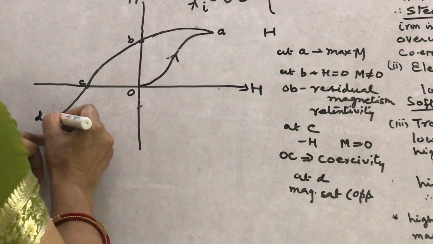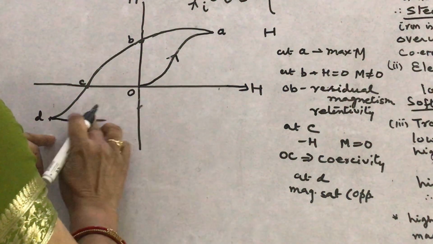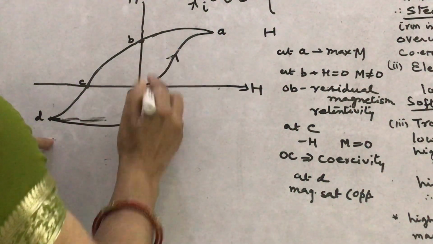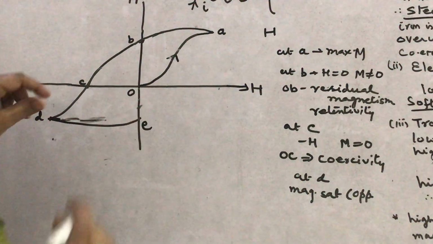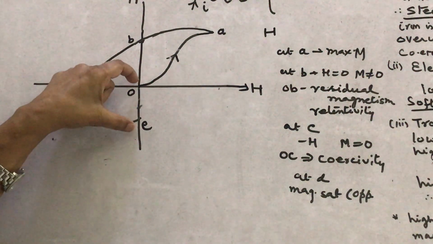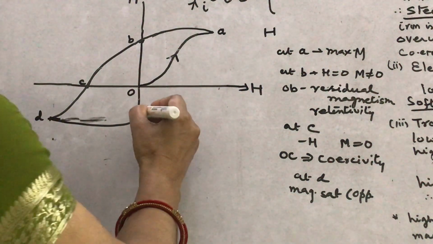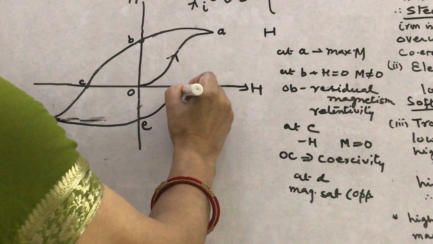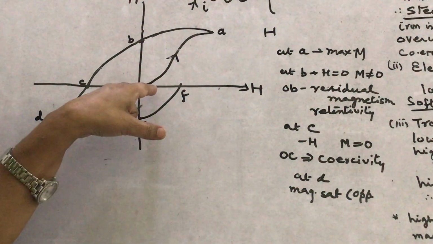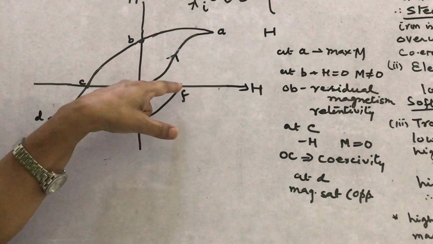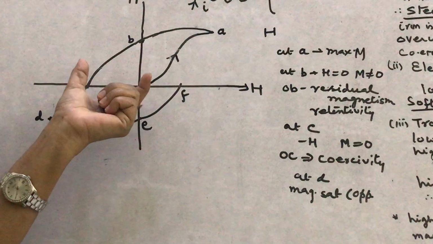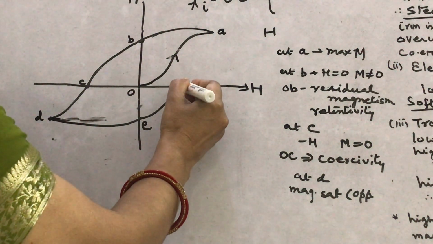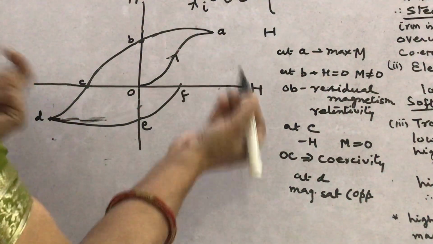So, what is observed is that from D, suppose this is the point E, at E this is the retentivity in the opposite direction, and from 0 to again that position F, we find that at the value of H equal to F, the magnetization of the ferromagnetic substance is totally 0.